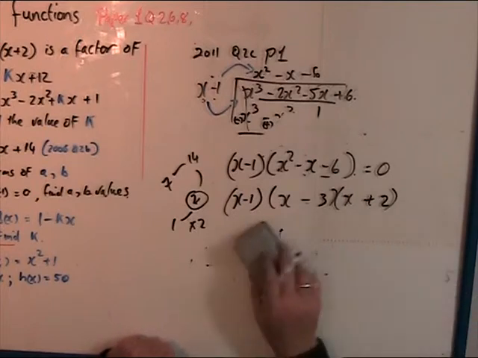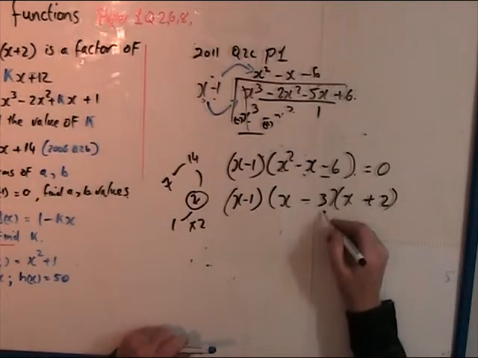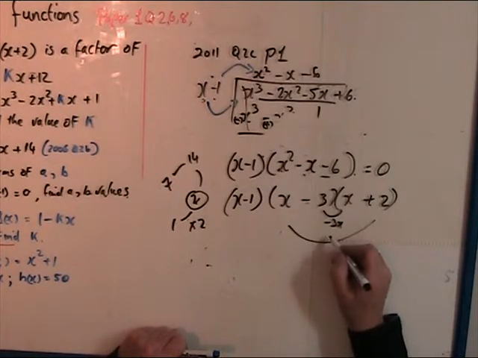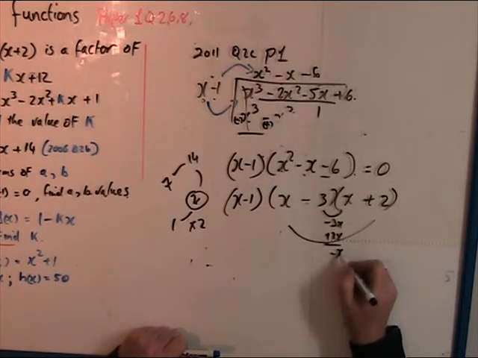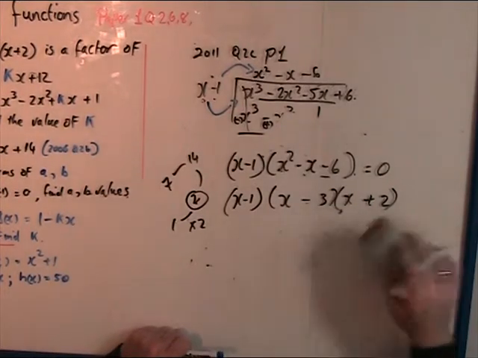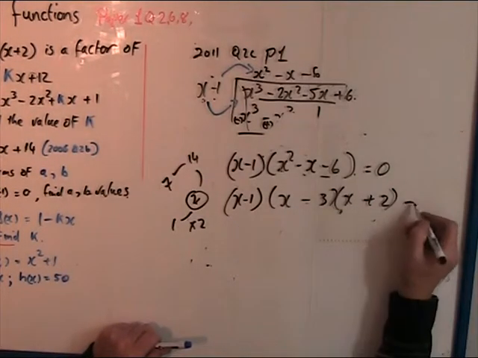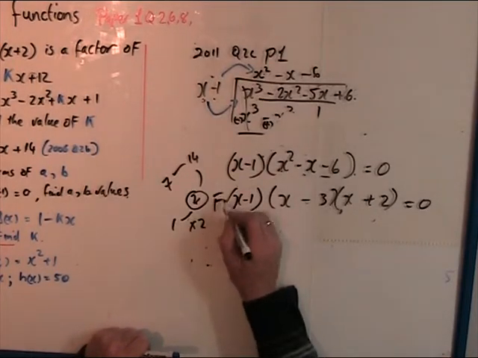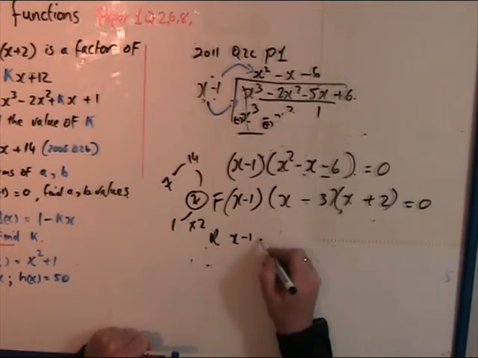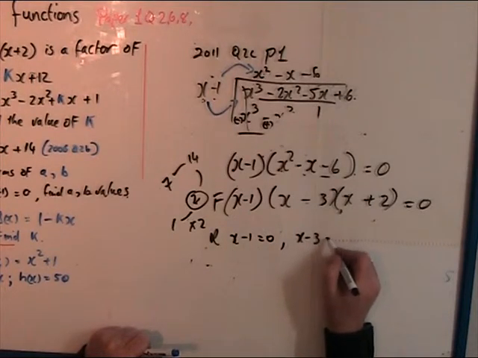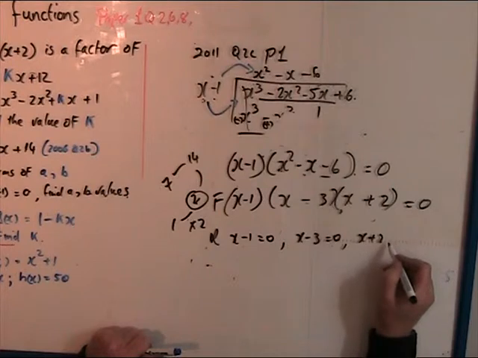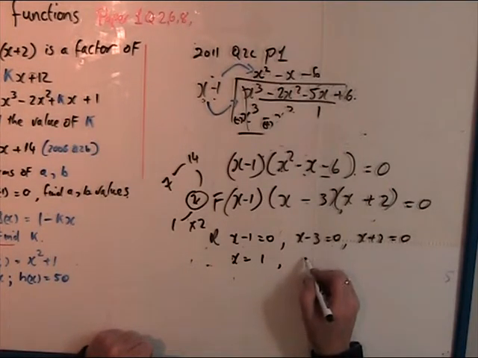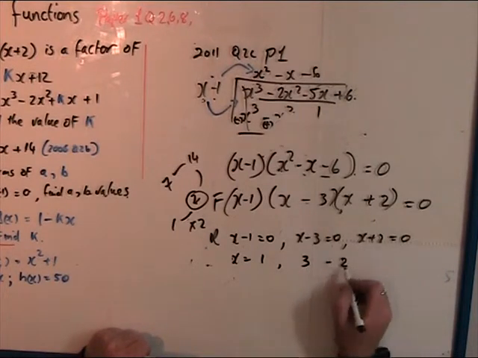If I want to check it, I multiply the inside ones, minus 3x, I multiply the outside ones, plus 2x, I add them, and it's minus x, which is the coefficient. So these are my factors, and my roots now, I have to make miniature equations out of them. x minus 3 is equal to 0, x plus 2 is equal to 0, and I find that x is equal to 1, x is equal to 3, or x is equal to minus 2.